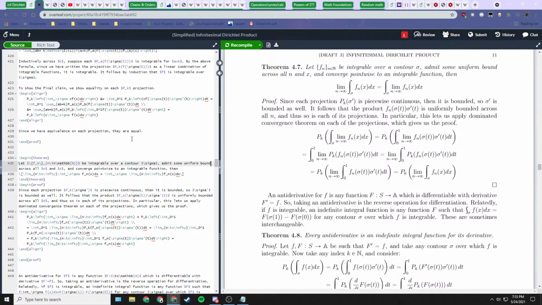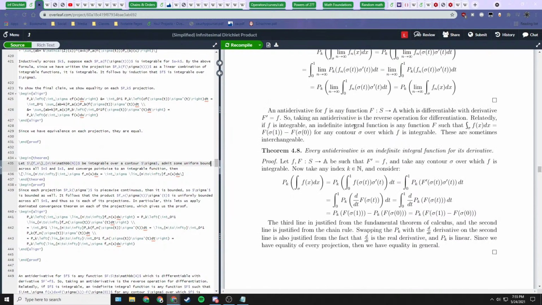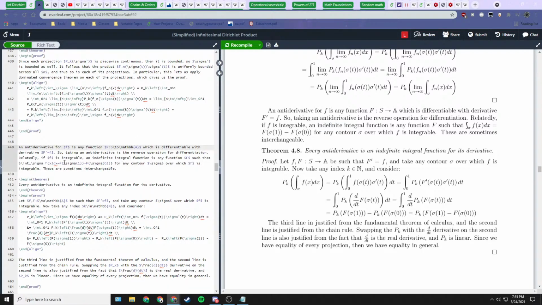Nice. Okay, so an antiderivative is a function capital F which is differentiable with derivative F prime equals f. Taking an antiderivative is the reverse operation for differentiation. We can probably strike that sentence there.